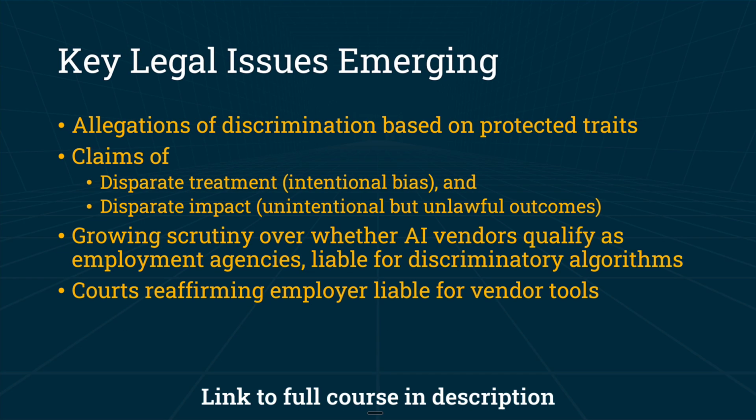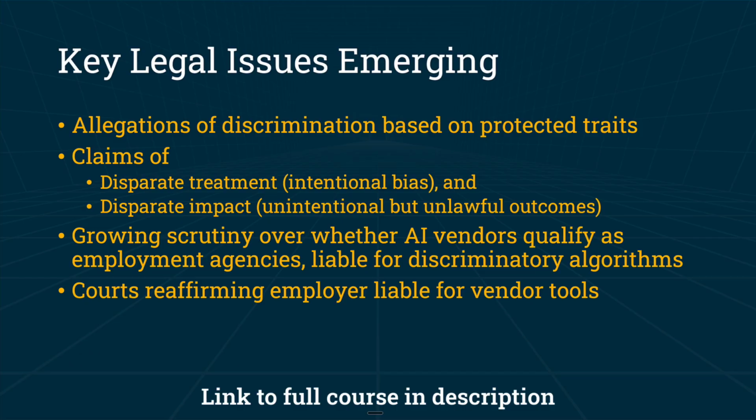So what are some key legal issues that are emerging, things that we saw in the recent case studies, and issues to have on your radar moving forward? One is that there are allegations of discrimination based on protected characteristics. There are claims of disparate treatment, which means intentional bias, and disparate impact, which would be unintentional bias, but still nevertheless an unlawful outcome.